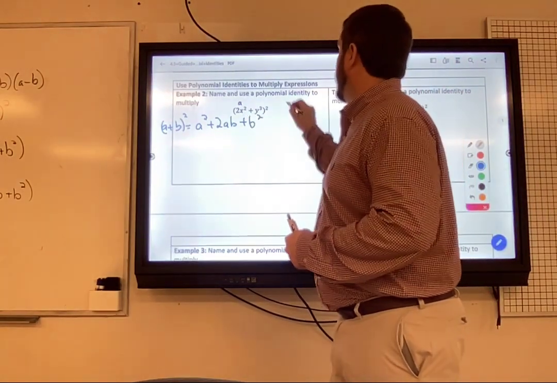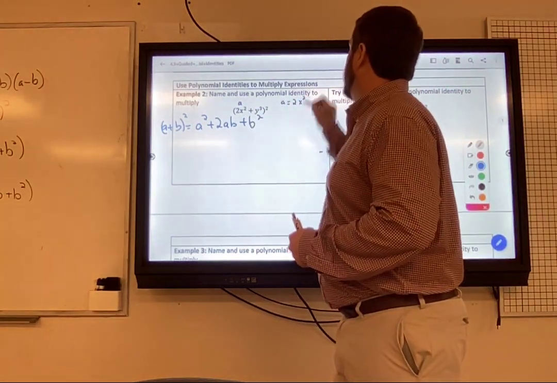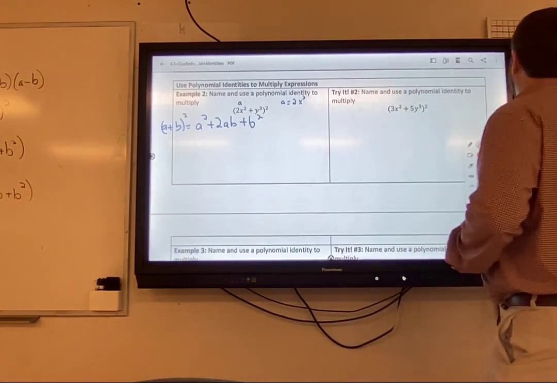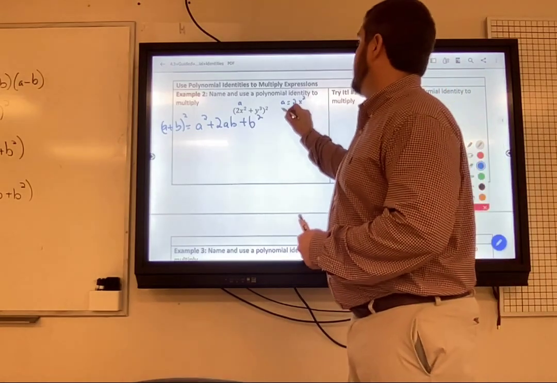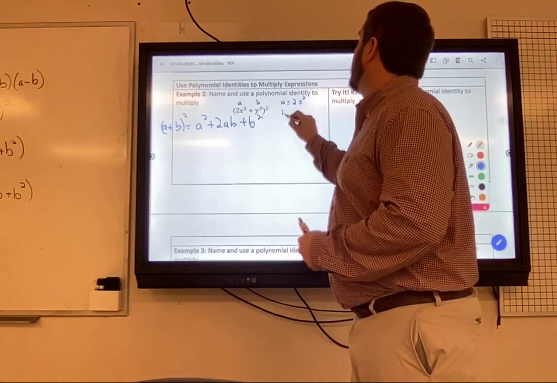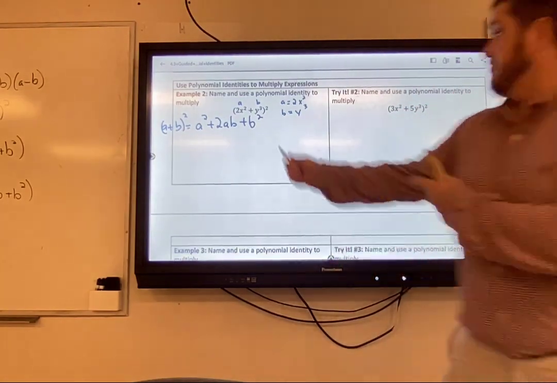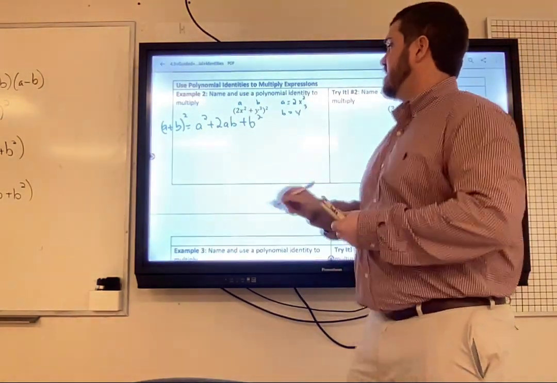That's A. So A equals 2x squared. What do you think b is? Y cubed. All right. If you want to use this identity, a is 2x squared, b is y cubed.